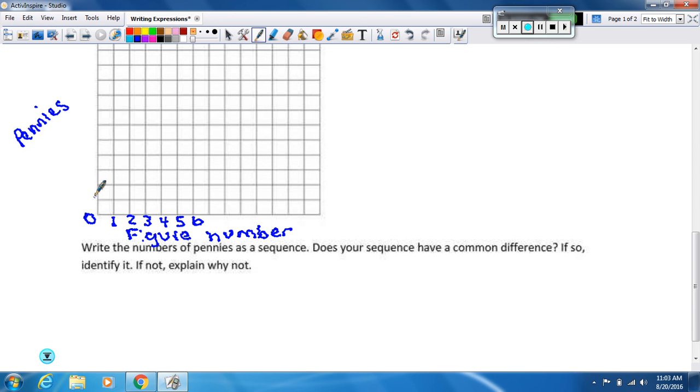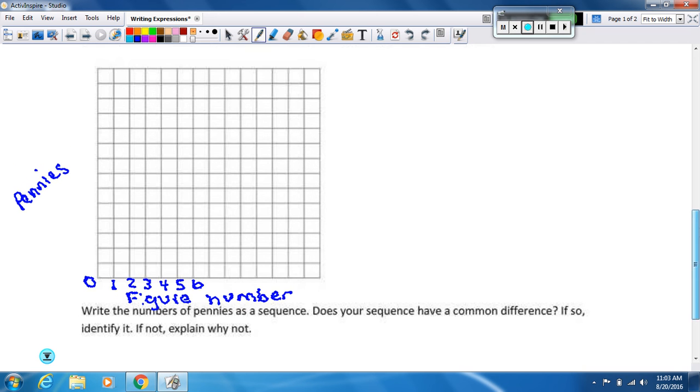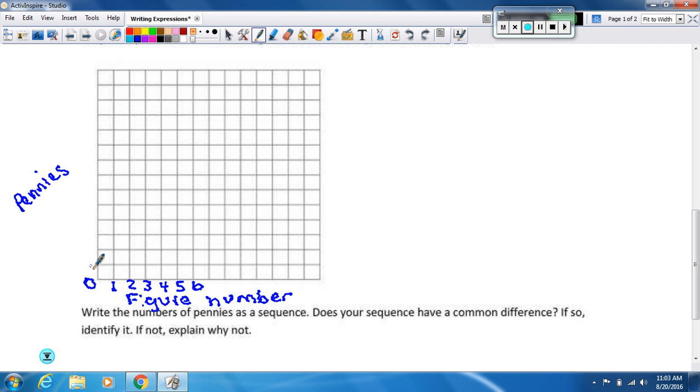How many lines do I have? 1, 2, 3, 4, 5, 6, 7, 8, 9, 10, 11. Got about 15. Let's go by 2s. So 2, 4, 6, 8, 10, 12, 14, 16, 18, 20, and 22.